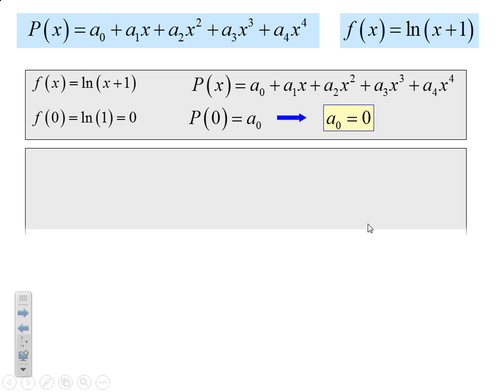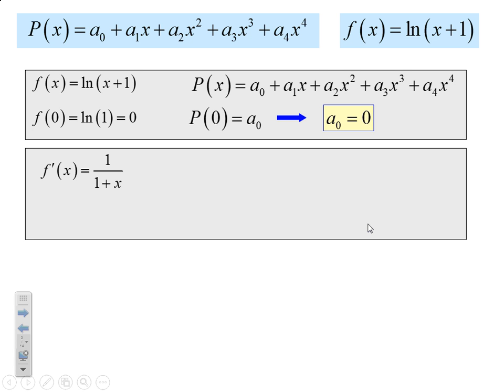Okay, so now let's go to the first derivative. Does everyone agree with the first derivative? Evaluated at 0, because that's where we're trying to approximate it, our first derivative at 0 is 1. Now let's go to our polynomial. I want my first derivative to be the same as the first derivative of our function.